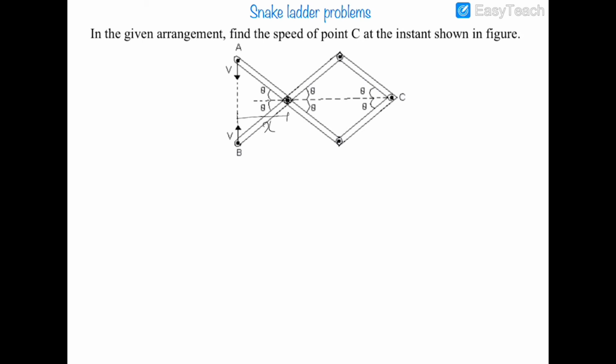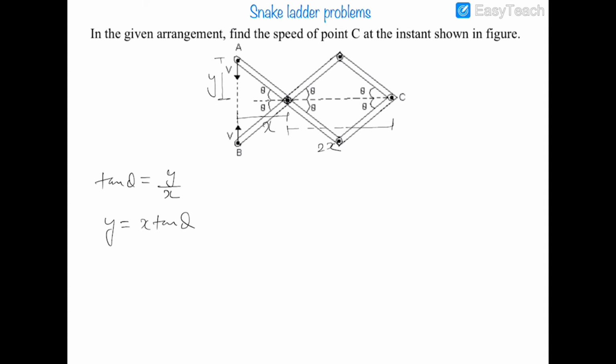We can see that this is a half rhombus and this is a full rhombus, so this distance should be 2x. Now let's suppose that this length is y, and from this triangle tan theta will be equal to y upon x, so y will be equal to x tan theta.